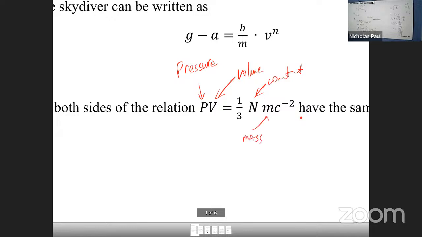And c to the minus 2 is speed. C is speed, like m s to the minus 1, right? Try and see if the SI units are the same thing.